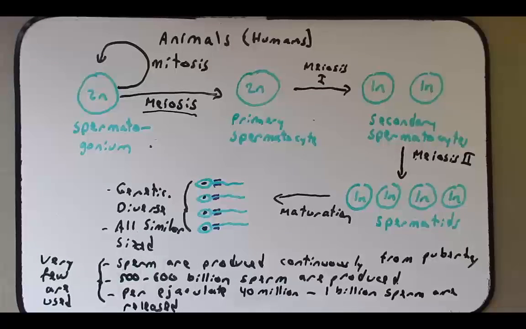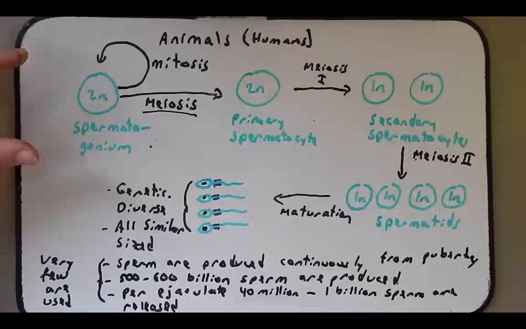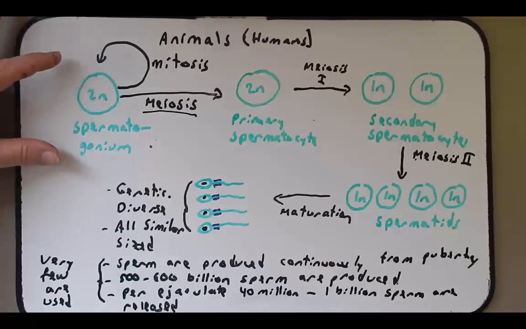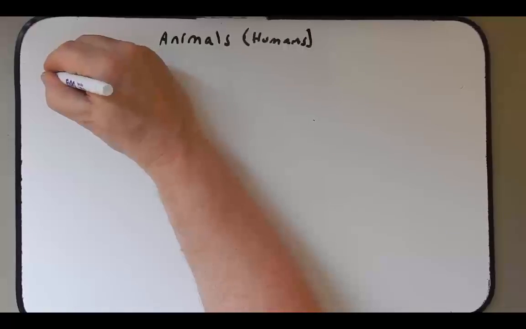Okay, now I would like to move on to oogenesis and talk about how ova are produced and how that is quite a bit different than the way sperm is produced. Okay, so let's talk now about oogenesis.